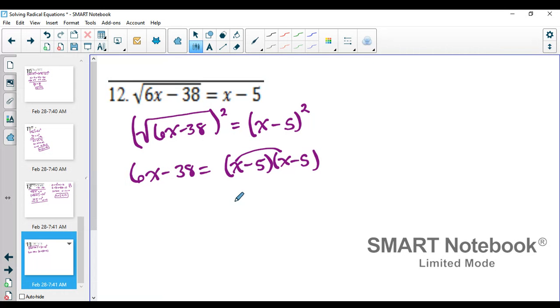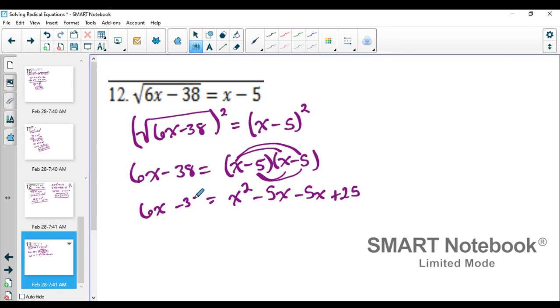So x times x is x squared. x times negative 5 is negative 5x. Negative 5 times x is negative 5x. And negative 5 times negative 5 is 25. So we have 6x minus 38 equals x squared minus 5x minus 5x plus 25.